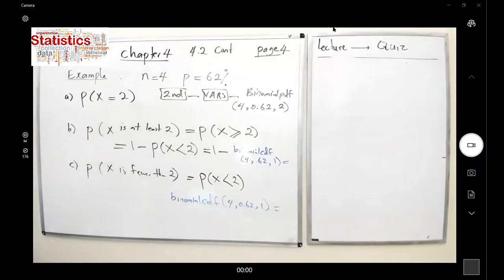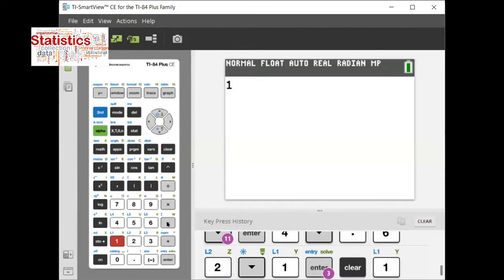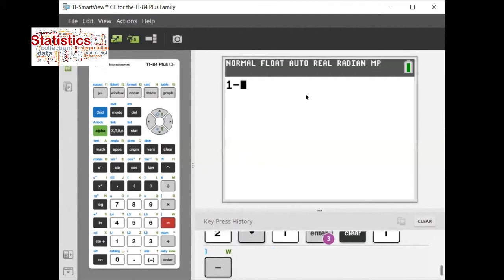Okay, guys. So we want to find the probability that X is at least 2. So it is 1 minus, we have to find subtraction, 1 minus binomial CDF.